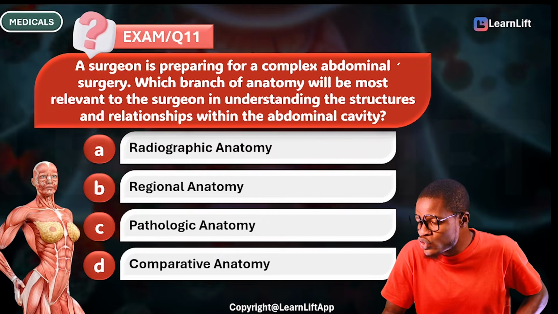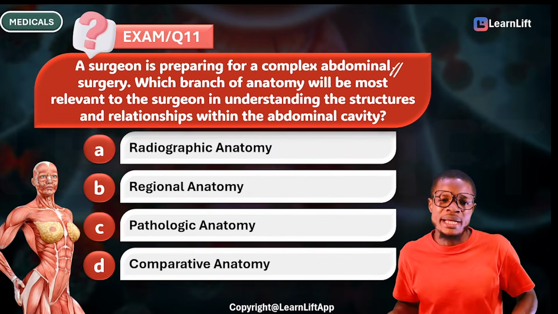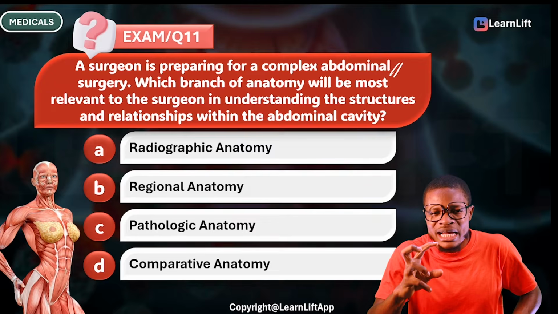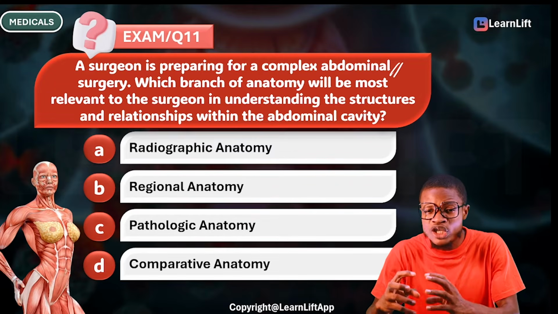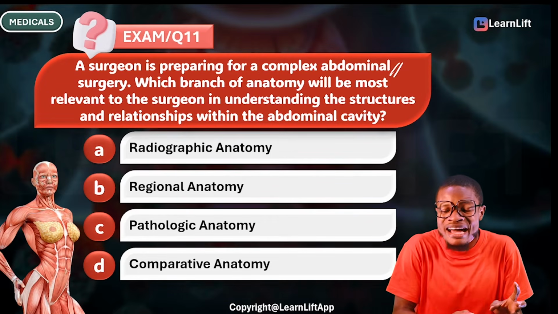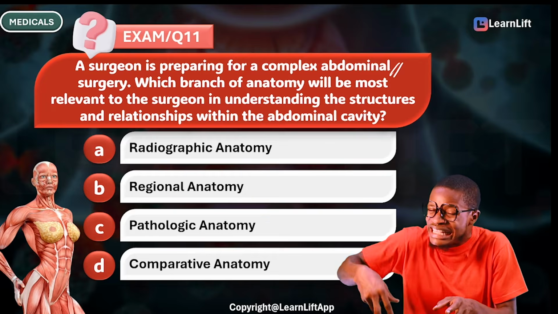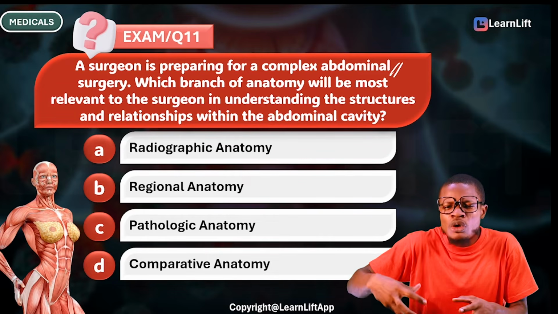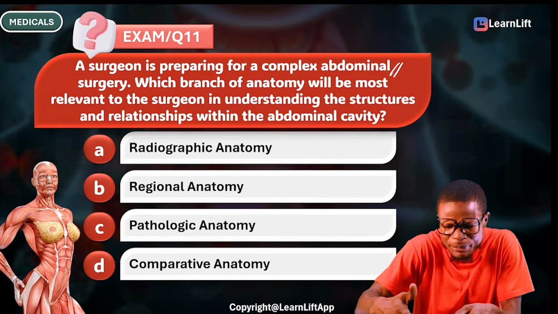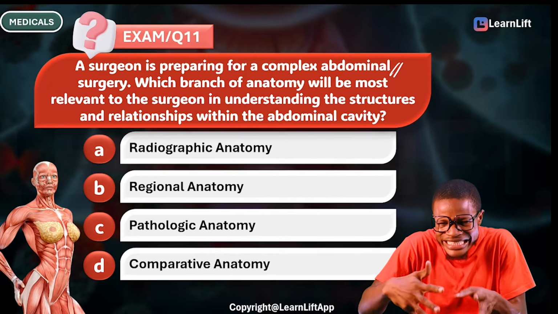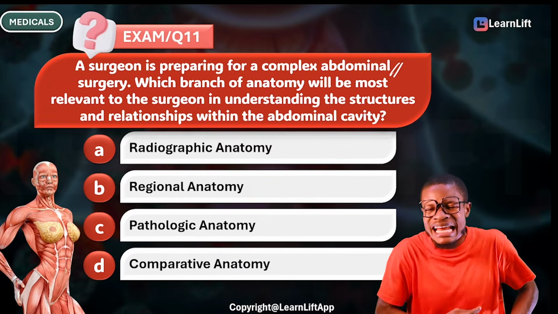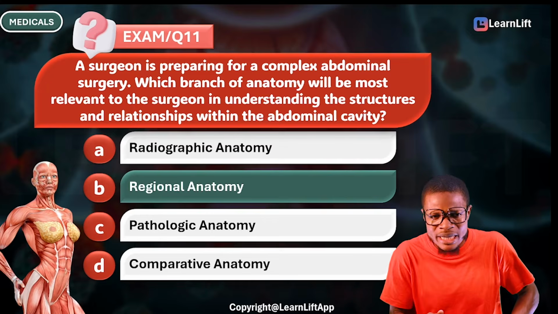So abdominal surgery is the cardinal word that we are concerned with there. Which branch of anatomy will be most relevant to the surgeon in understanding the structures and relationships within the abdominal cavity? Sure, you are seeing it now. In other words, you are focusing on one region of the body and then you are studying it in detail. That's regional anatomy. That makes option B the correct answer.